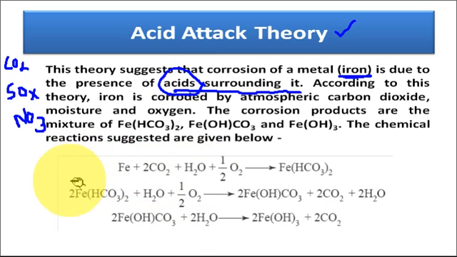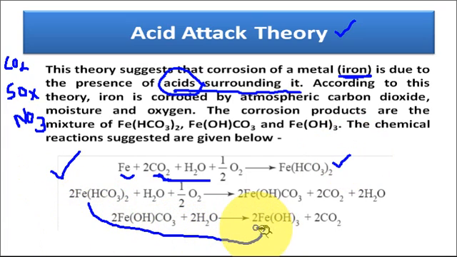For example, here we consider the corrosion of iron in presence of carbon dioxide. Carbon dioxide reacts with moisture to form carbonic acid. This carbonic acid slowly dissolves the iron, and iron first converts into iron bicarbonate, then ultimately from this iron bicarbonate iron rust is formed.